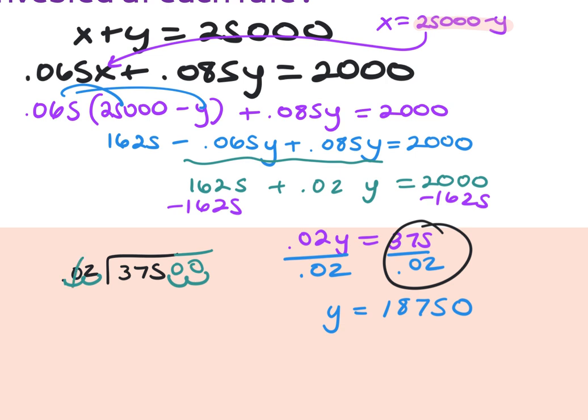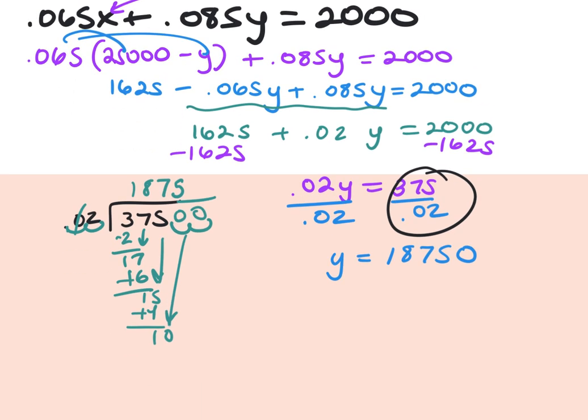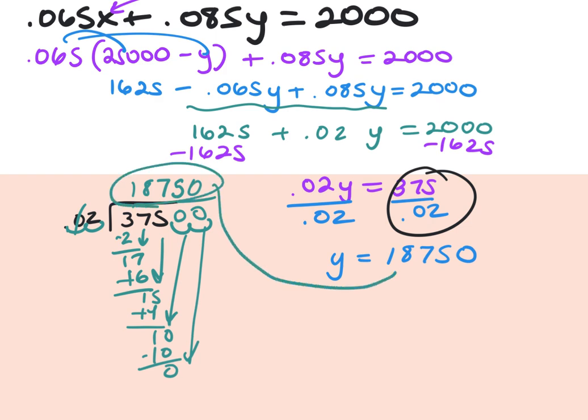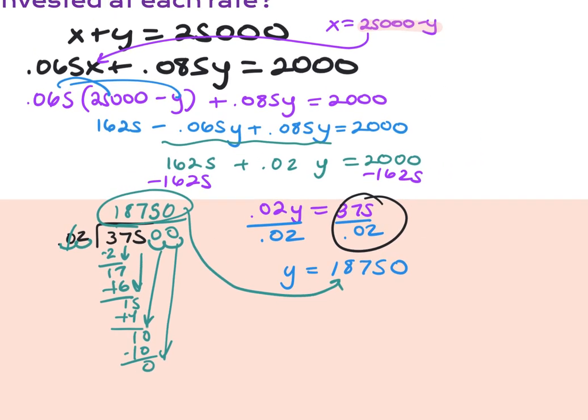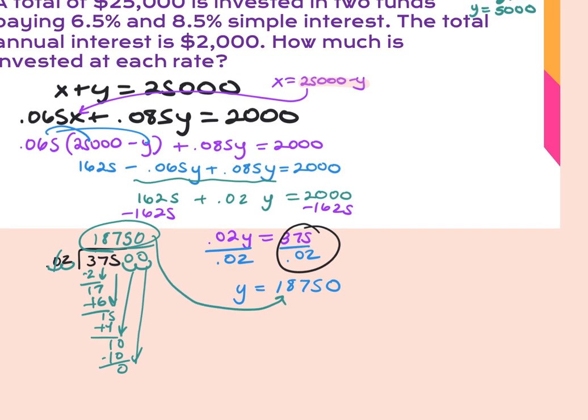And then it's just 2 into 3, 2 into 17, 2 into 15, 2 into 10, and then the extra 0. So if you had to, without the calculator, just don't forget you gotta move those decimals.